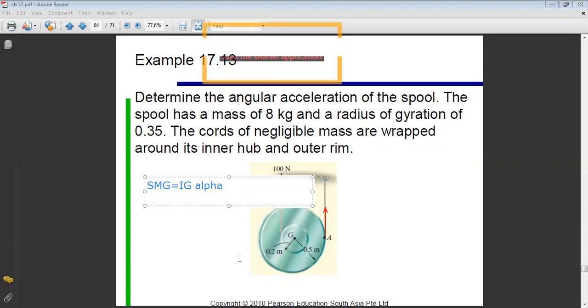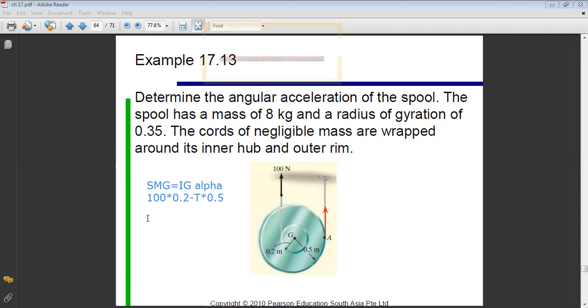If I choose the clockwise direction as positive, I have 100 times 0.2. And for the tension T, it's in the opposite direction, so it's minus T times the distance from A to G, which is 0.5. This is my first relation.